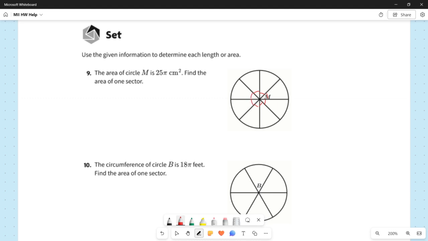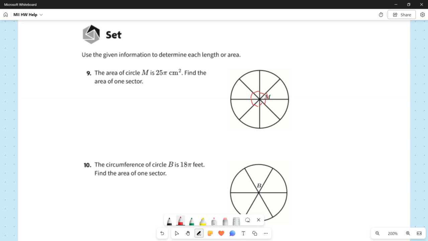They're all the same angle. And because there's 8 of them, if I want the area of one sector, the area of that one sector is going to be 1/8 of the entire circle, because each one is an eighth, and you add them up, and there's 8 of them, and that's going to add up to the entire circle.